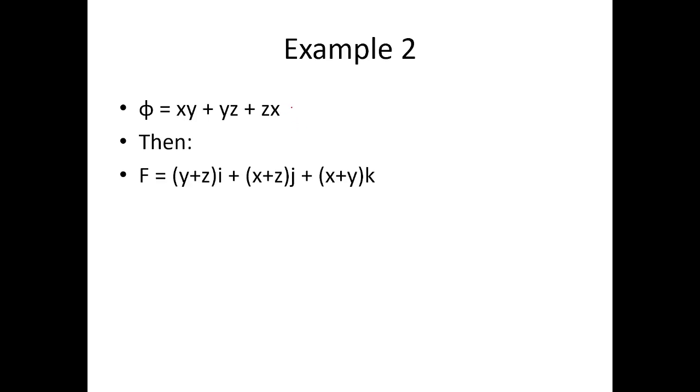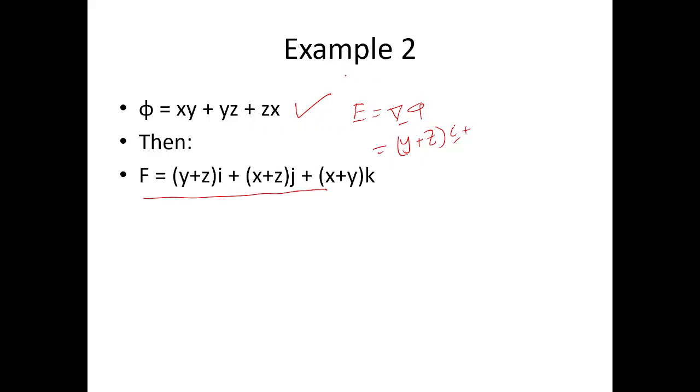Second example, if we have this type of phi, then the field is this. This is again a simple case. F is the gradient of phi. So gradient of phi: differentiate this function with respect to x, that is y plus z in the i direction.